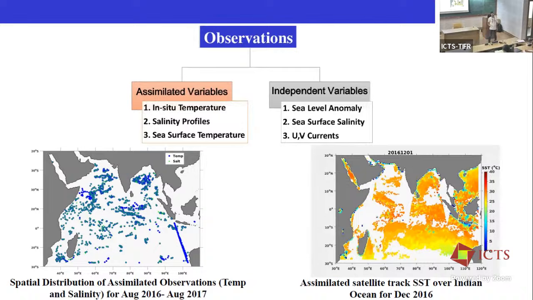Every 10 days or so, it pops up from about 2000 meters to the surface, and while coming up from the subsurface, it measures temperature and salinity. So essentially, it is measuring the entire vertical structure of the ocean.